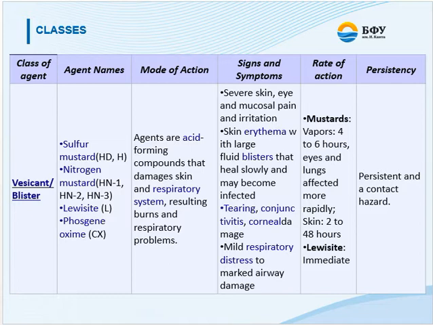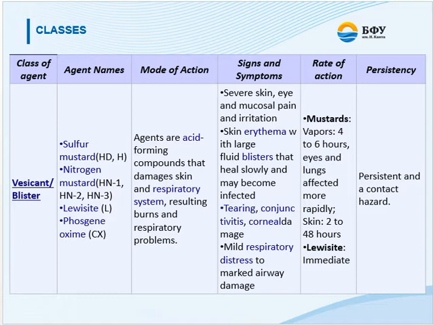Agent: acid-forming compounds that damage the skin and respiratory system, resulting in burns and respiratory problems. Symptoms: severe skin, eye and mucosal pain and irritation.